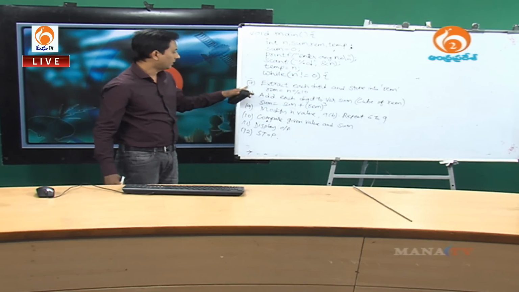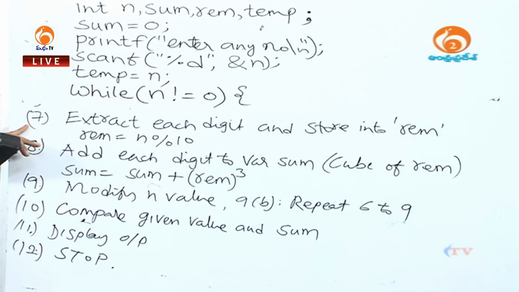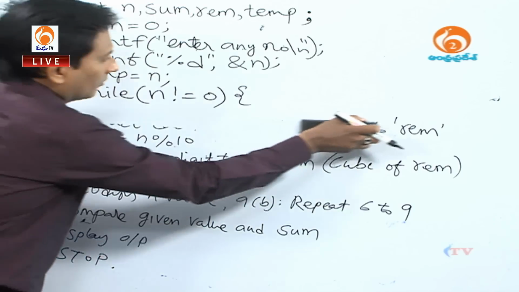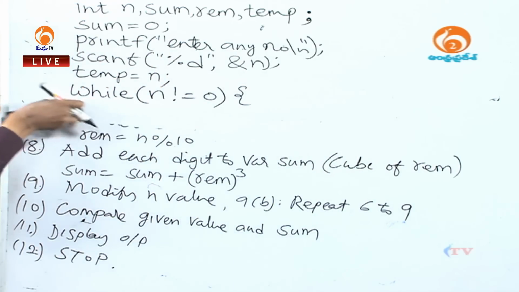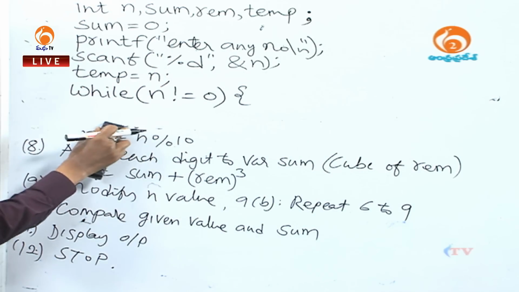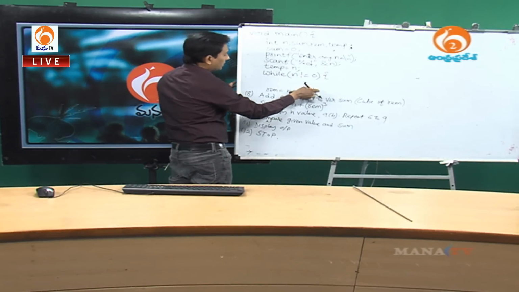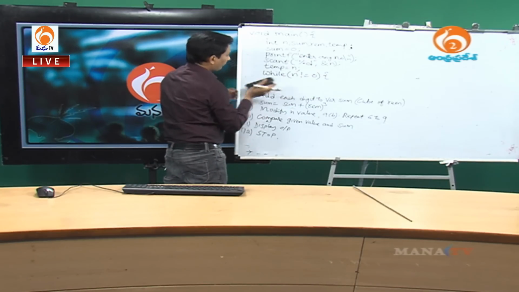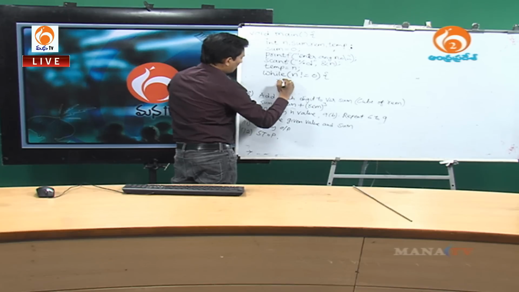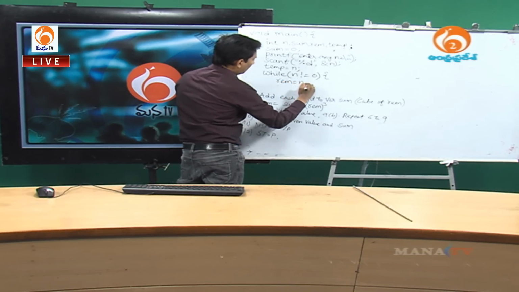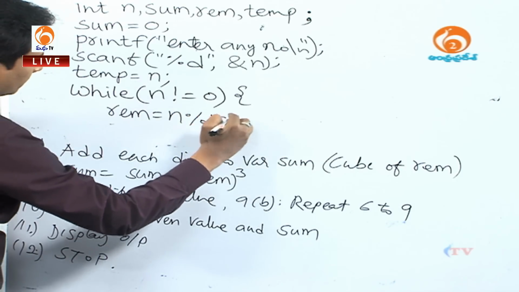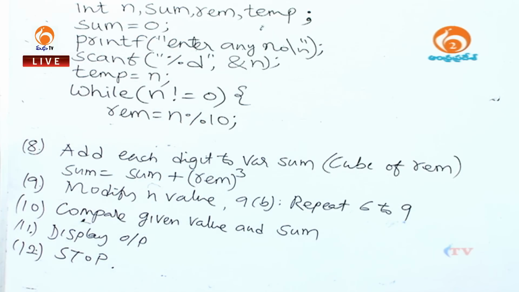Next, step 7: extract each digit and store into variable remainder. We have already written this in the algorithm itself, that is remainder equal to n percentile 10.